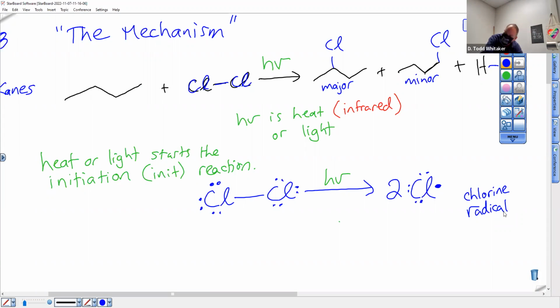So your chlorine radical is there, and it's reactive. You can turn your light off now, or your heat. You just need to make 1 or 2 of those. You don't have to react all your chlorine this way. In fact, less than 1% of the Cl2 reacts this way.